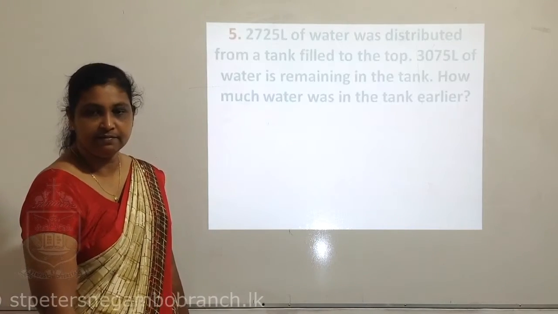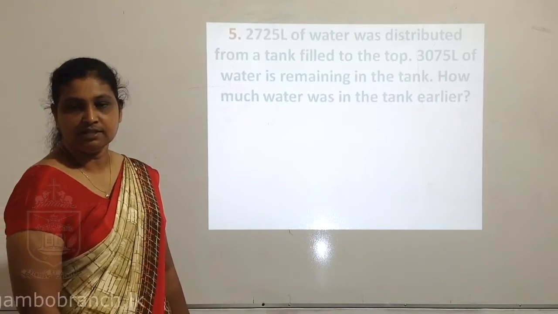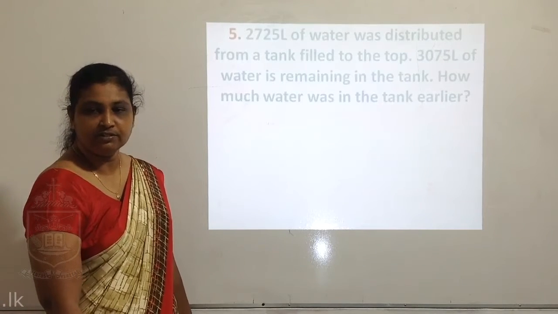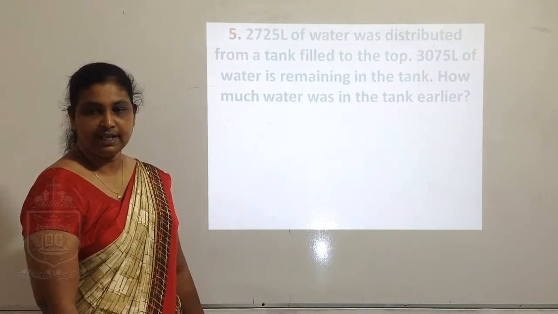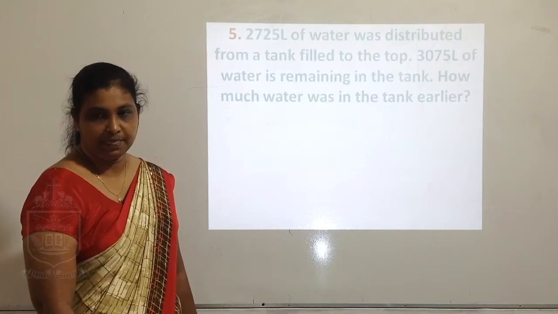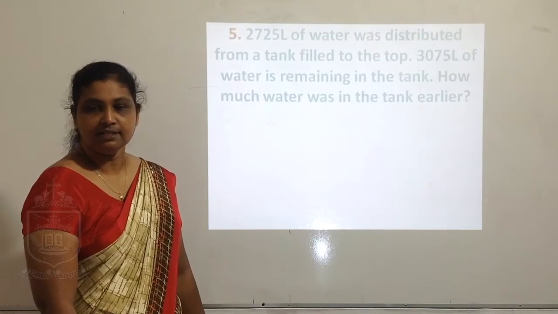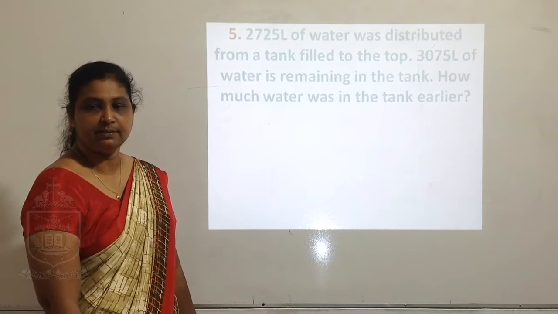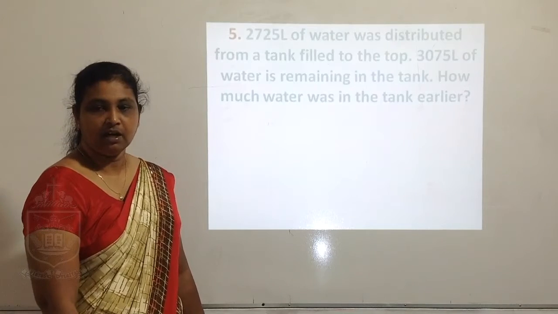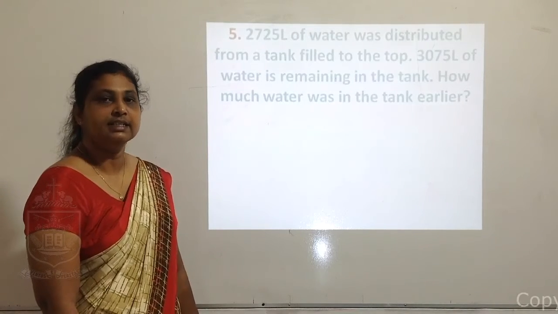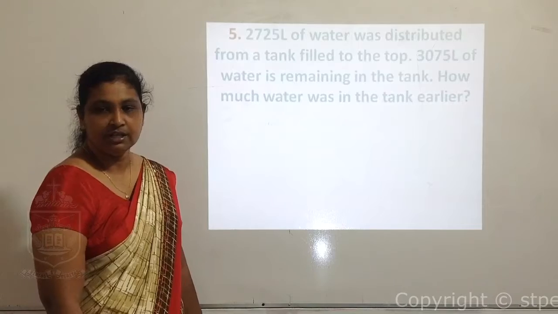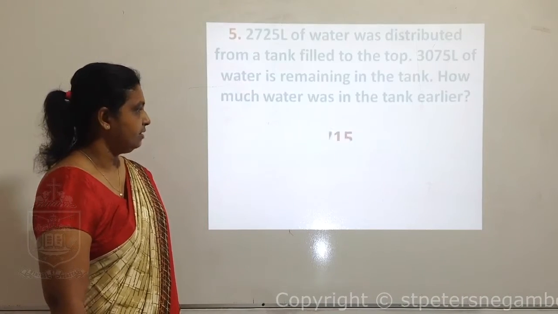Question number 5. 2725 liters of water was distributed from a tank filled to the top. 3075 liters of water is remaining in the tank. How much water was in the tank earlier? Earlier means before distributing. Right.